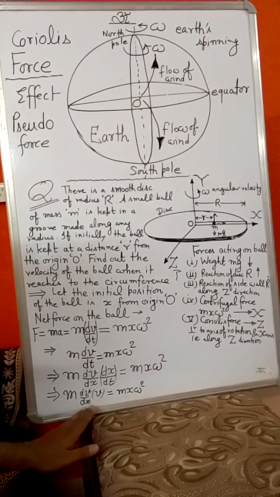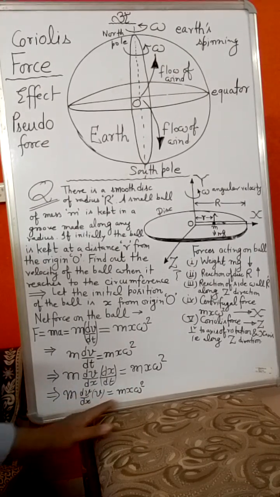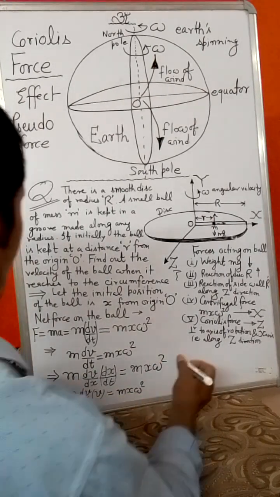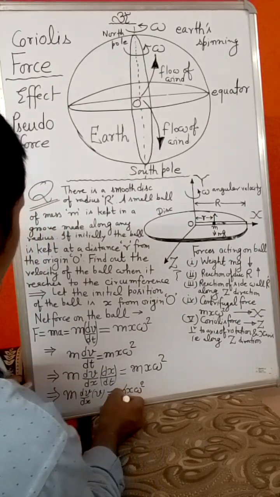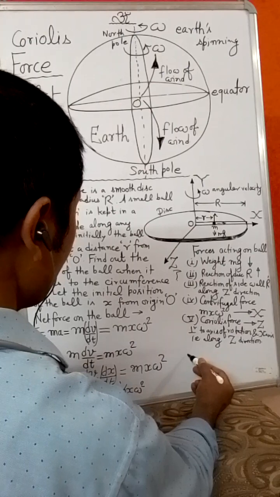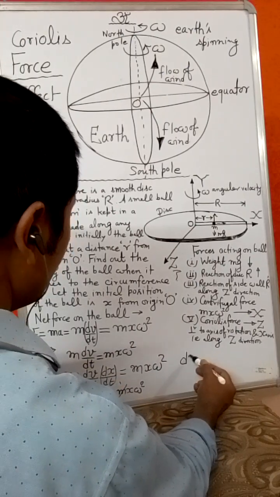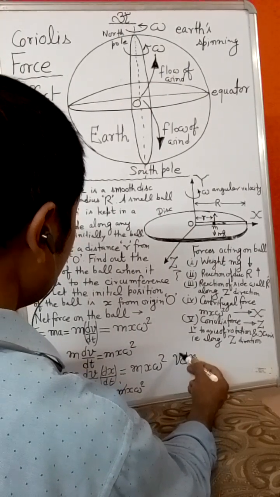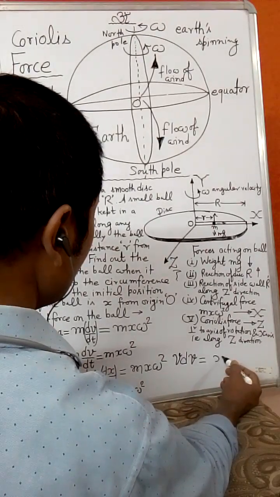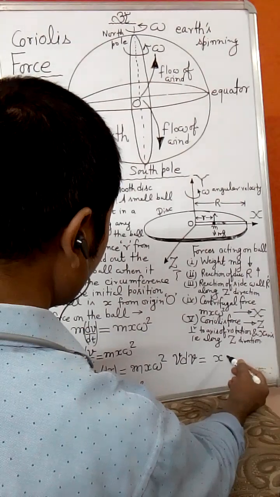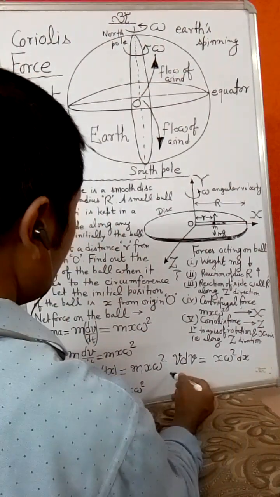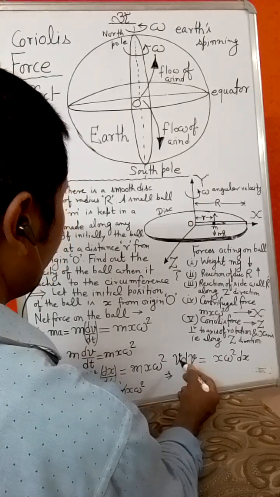So we can take this dx and multiply it by cross multiplication. What shall we get? The m and m will also be cancelled. Finally we will get v times dv is equal to x omega square dx.